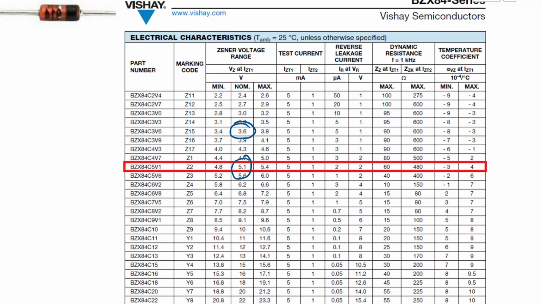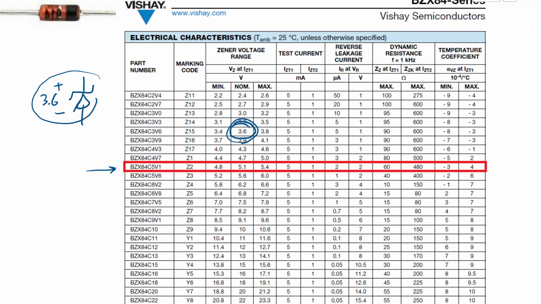The reason this 5.1 is highlighted is because the temperature coefficient for around 5 to 6 volt Zener diodes is very close to perfect, meaning the variation of the breakdown voltage as a function of temperature is minimal for around 5 to 6 volt nominally, and below and above that it starts increasing.